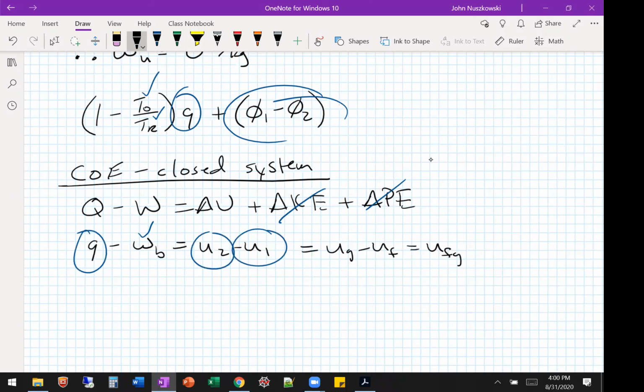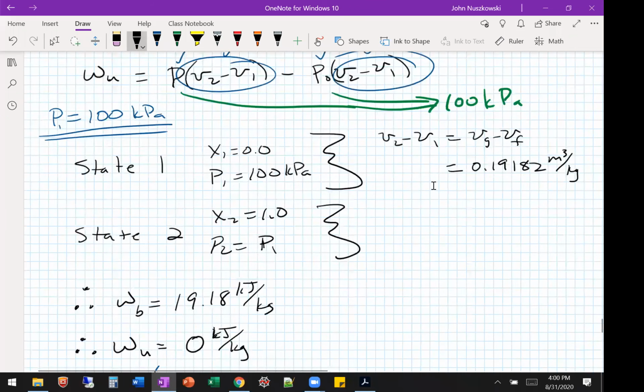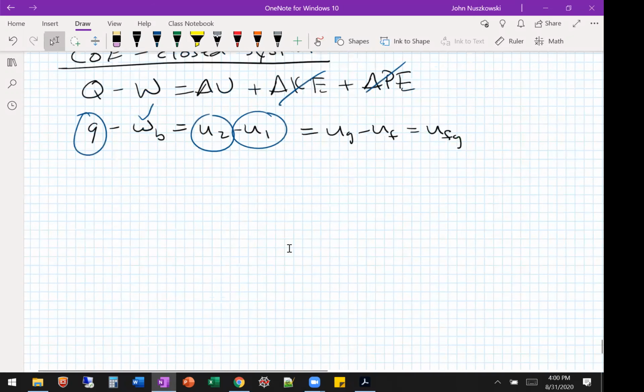At 100 kPa, UFG is 198.01 kilojoules per kilogram.